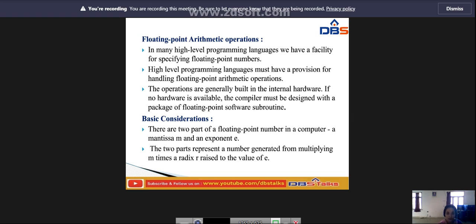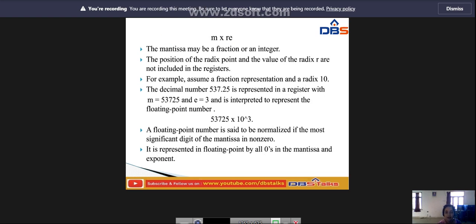So the formula is m times r to the power e. The mantissa may be a fraction or an integer. The position of the radix point and the value of the radix r are not included in the registers.